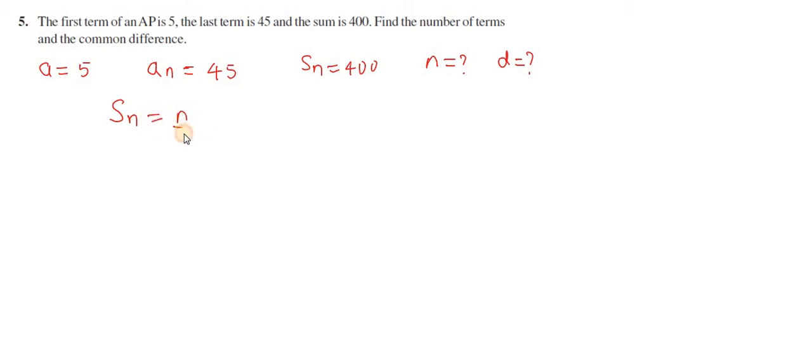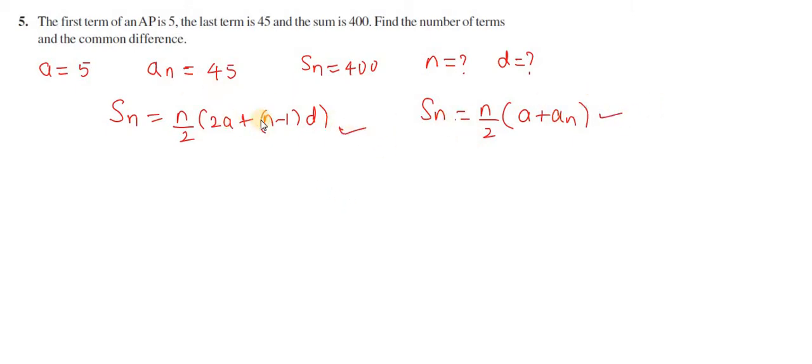So here Sn equals n by 2 into 2a plus n minus 1 into d, and one more is Sn equals n by 2 into a plus an.